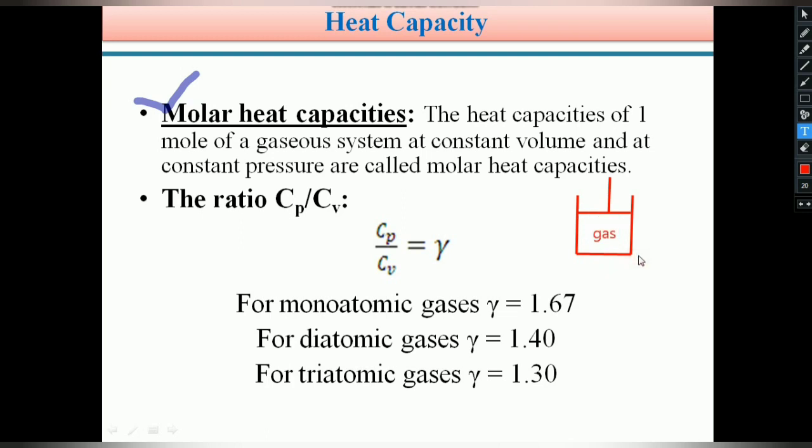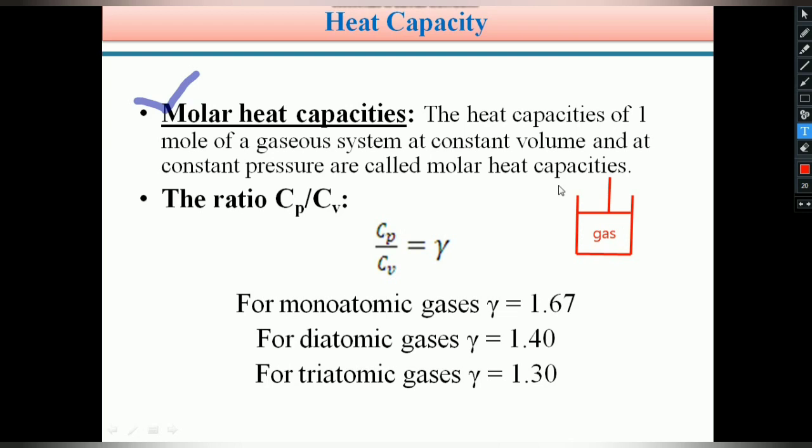Because students, just now we saw that specific heat and heat capacity are path functions. That's why we calculate them at constant volume and constant pressure. Therefore, the heat capacities of 1 mole of a gaseous system at constant volume and at constant pressure are known as molar heat capacities. Students, no need to memorize the definition by heart.